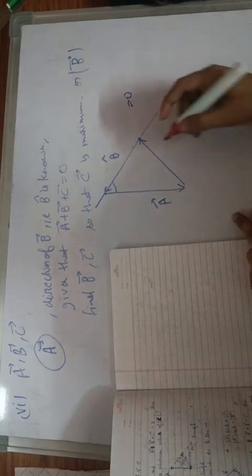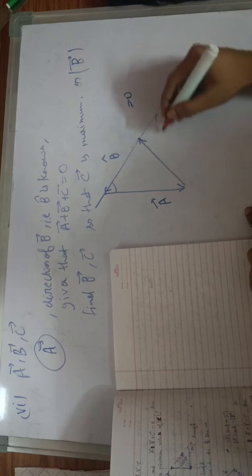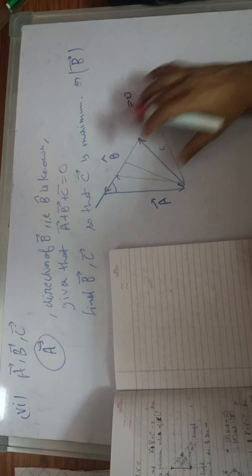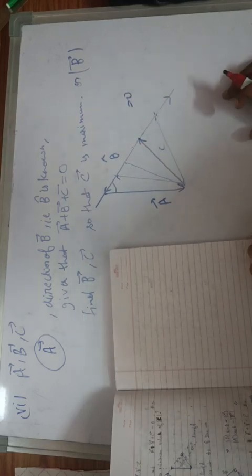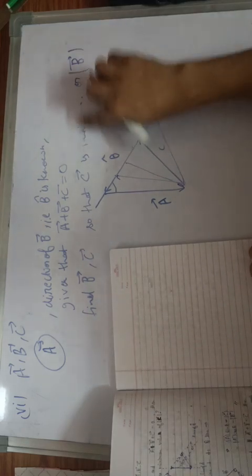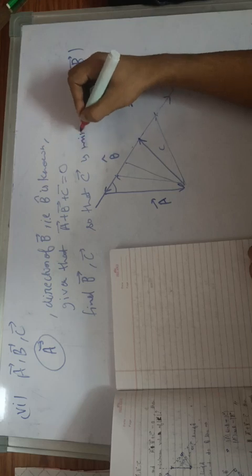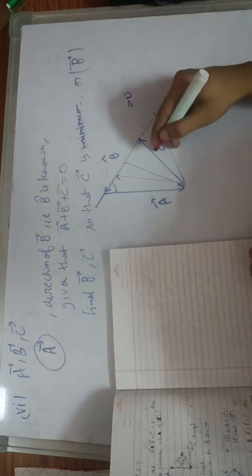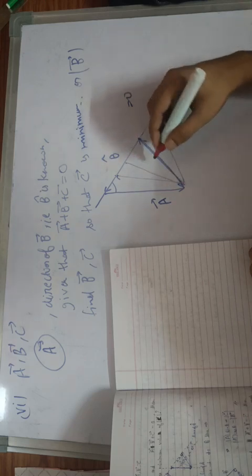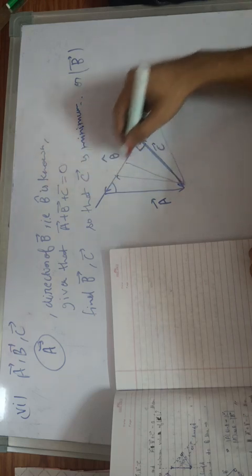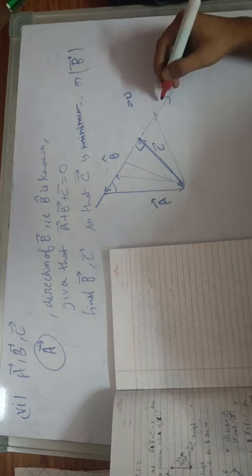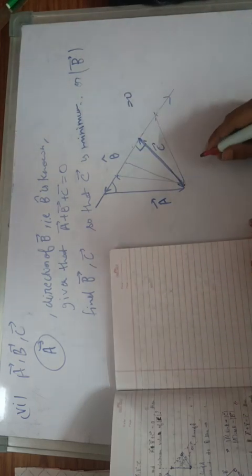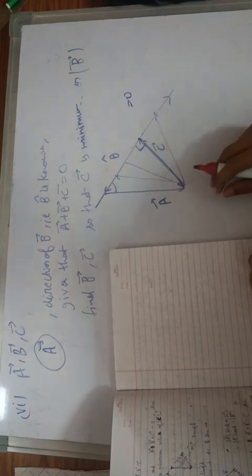Now this C can be this line or this line or this line, it can be any line. So we have to find the minimum value of C. For the minimum value of this C vector we need a perpendicular line from this B vector line joining this point.